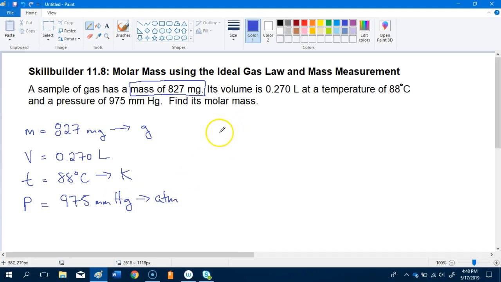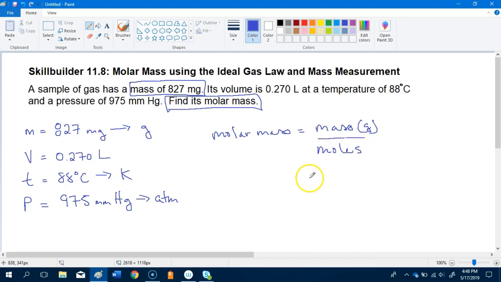atmospheres. I am going to need to find molar mass, and molar mass is equal to my mass in grams divided by the number of moles.